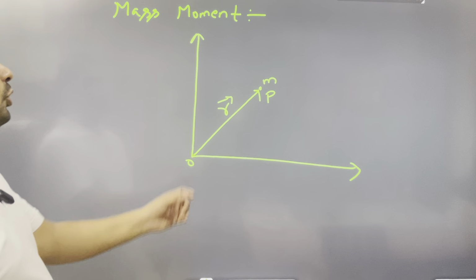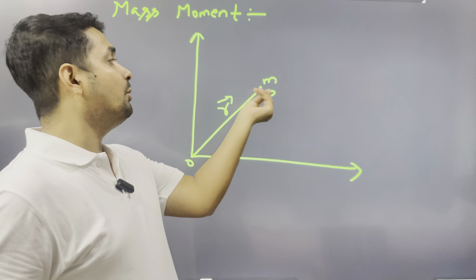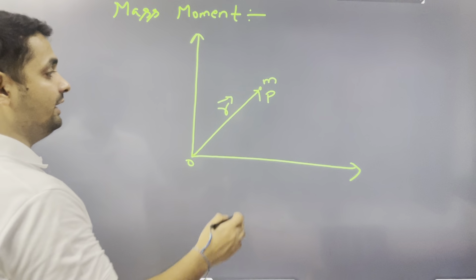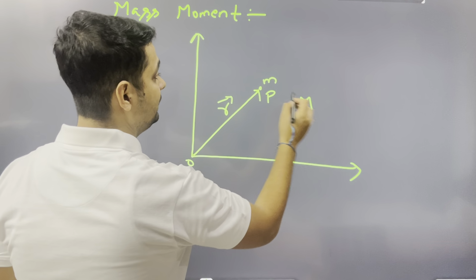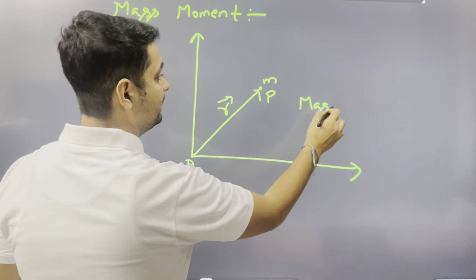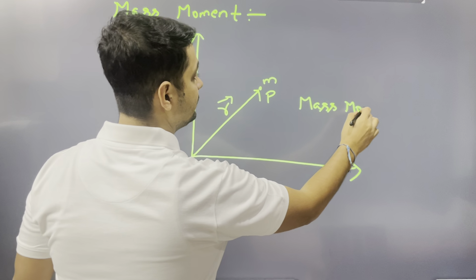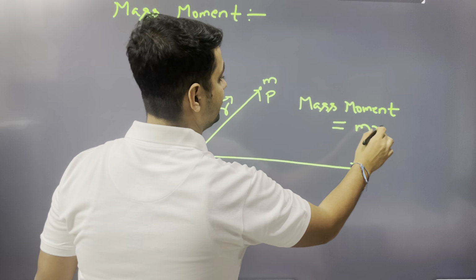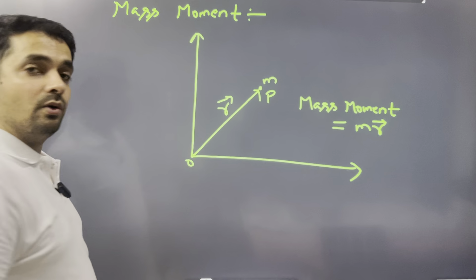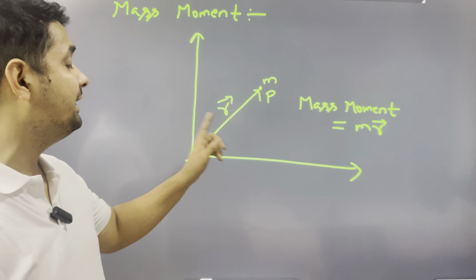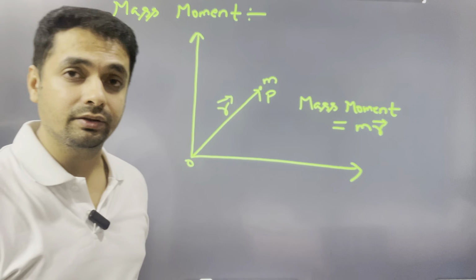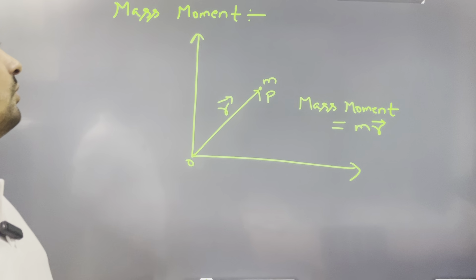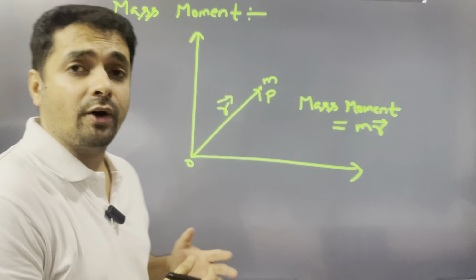The mass moment of this particle at point P is defined as m r vector, where m is the mass of the particle and r vector is the position vector. Now, how will it be useful to find the center of mass?